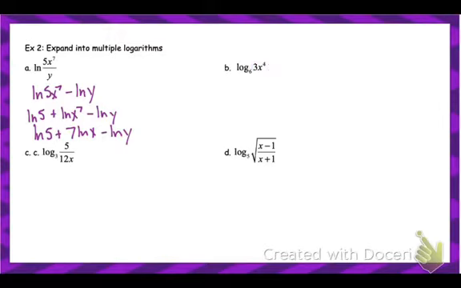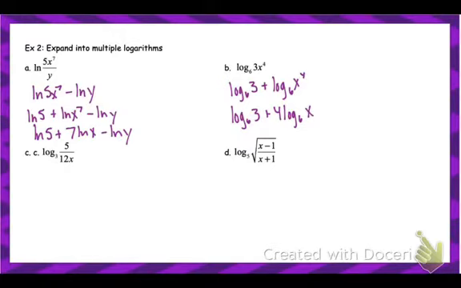So again, the 3 does not have the 4 as an exponent. So I can't move the 4 and keep it on that whole argument. What I need to do first is separate this out and make this log base 6 of 3 plus log base 6 of x to the 4th. So then I can go ahead and move the 4 to the front, and I have my simplest arguments possible.